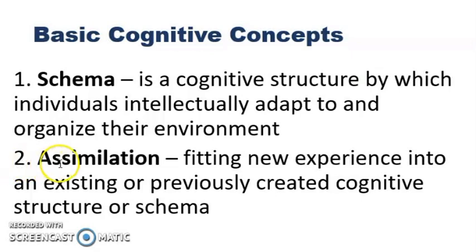Number 2 is assimilation. When we say assimilation, it is fitting new experience into an existing or previously created cognitive structure or schema. Once you created your schema, then you have your prior knowledge about something.